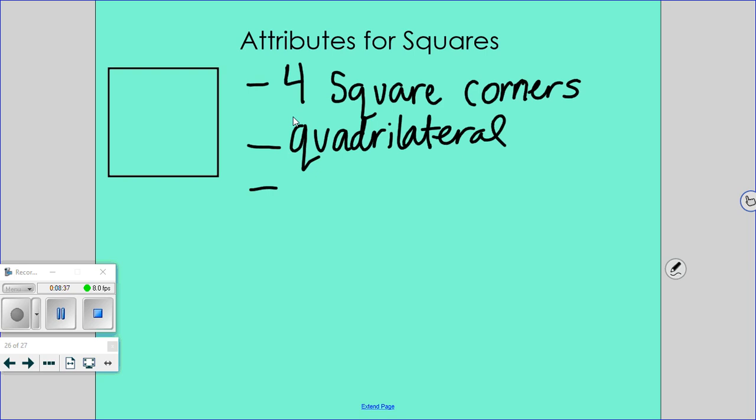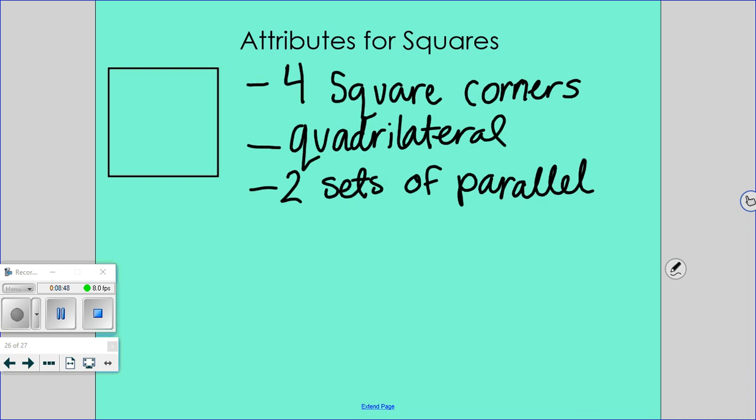There are 2 sets of parallel sides, or 2 pairs. It is a polygon. Right back to the basis of many, many shapes, a polygon.